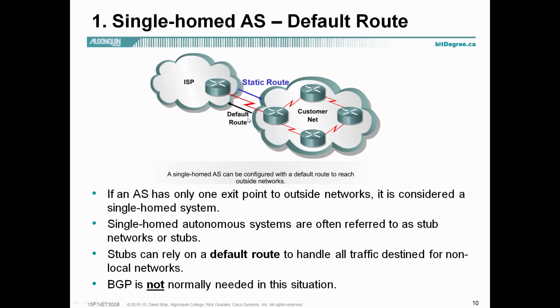So notice what we've got going here, and I'm sure you've seen this time and again. We've got a default route leading out of the CE, the customer edge, to the PE, and the PE has a static route coming back for all the public IP addresses that would be registered for that customer, right? So in this case, we would have provider dependent space because the ISP is the only link to the outside world, to the internet.